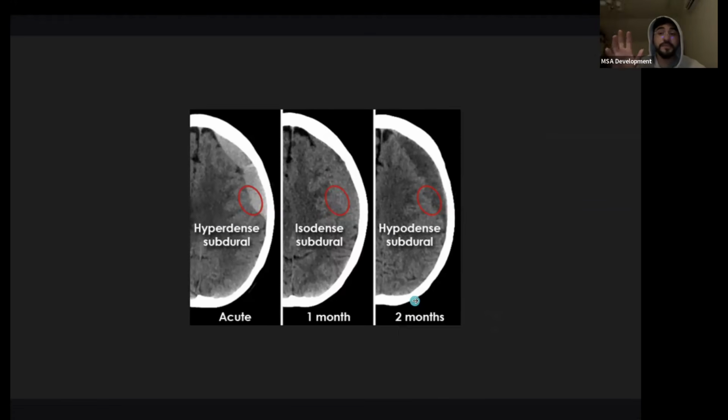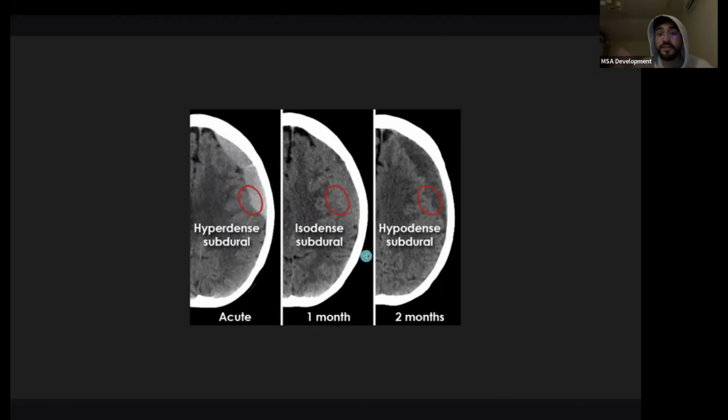Now, something else that I want you to pick up, which is also very important, the timing of subdural hematoma or hemorrhage can be deciphered from a scan. How? If it was acute, it's going to be hyperdense. Look, it's hyperdense compared to the soft tissue here.